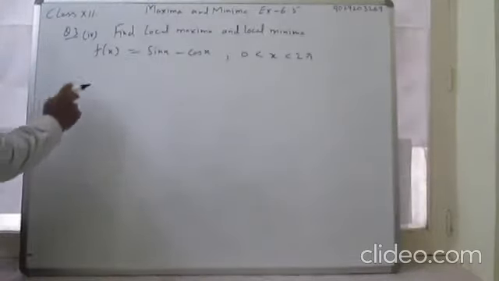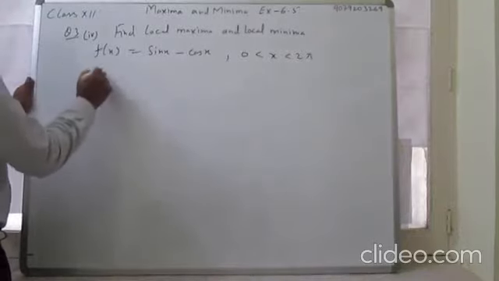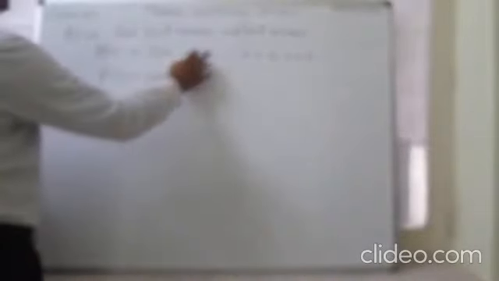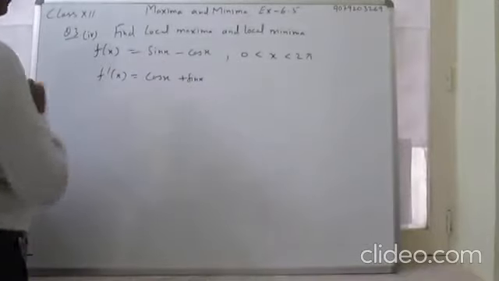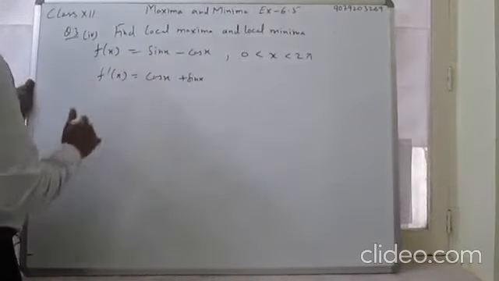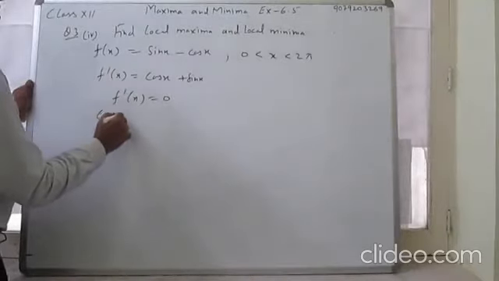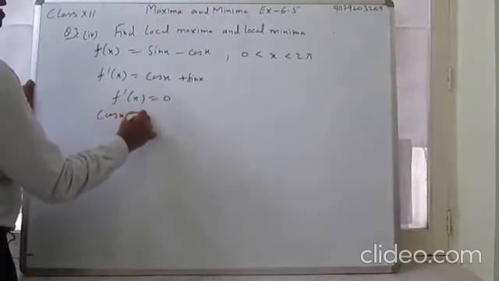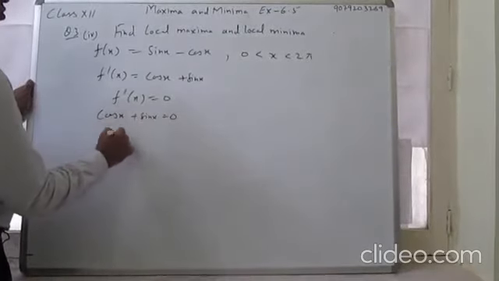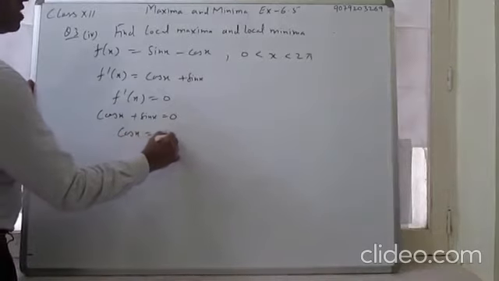Now first we find f dash x, the derivative of f(x). Derivative of sin x is cos x, minus derivative of cos x is minus sin x, so minus minus becomes plus. Now f dash x is equal to 0. So cos x plus sin x is equal to 0. Cos x is equal to minus sin x.